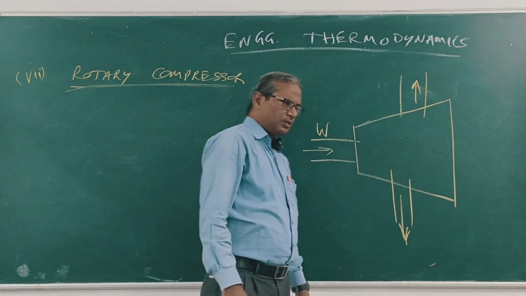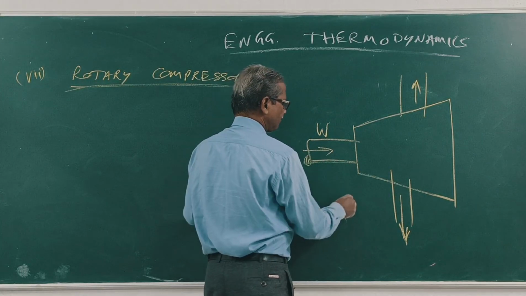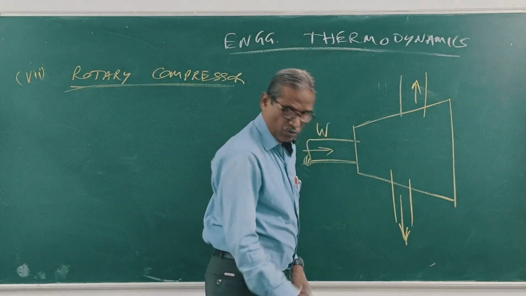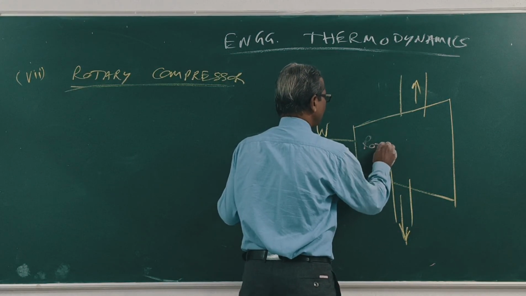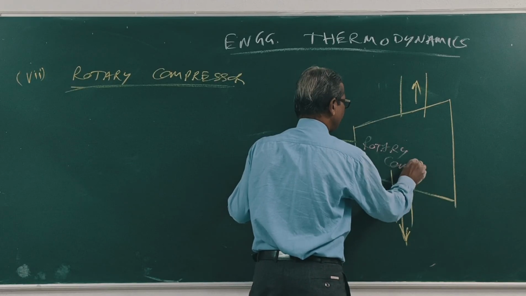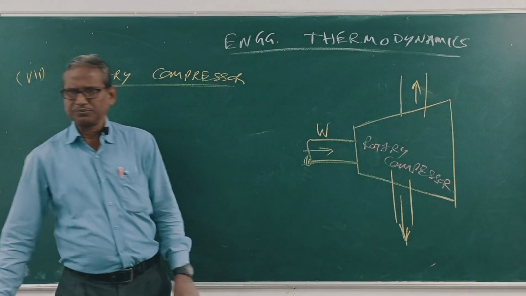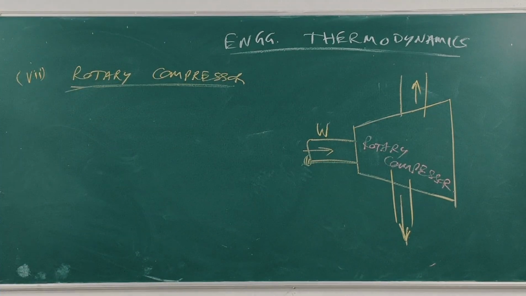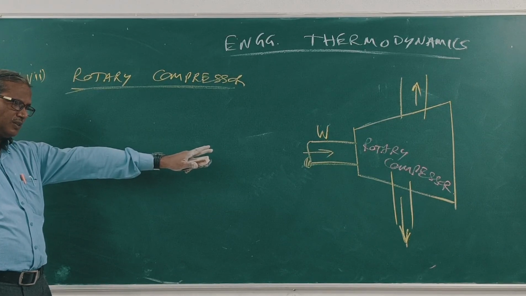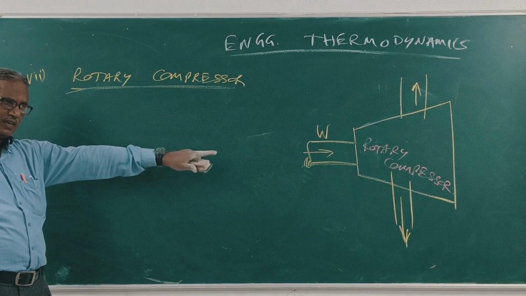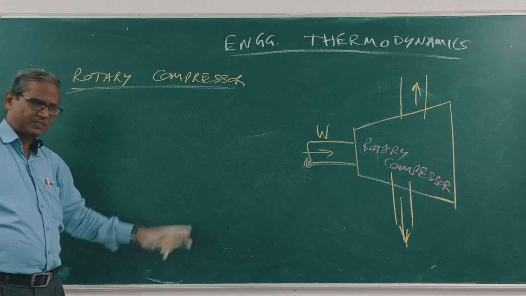Clear? This is a rotary compressor. In this compressor, the air is compressed and supplied at a moderate pressure in large quantities. Clear?